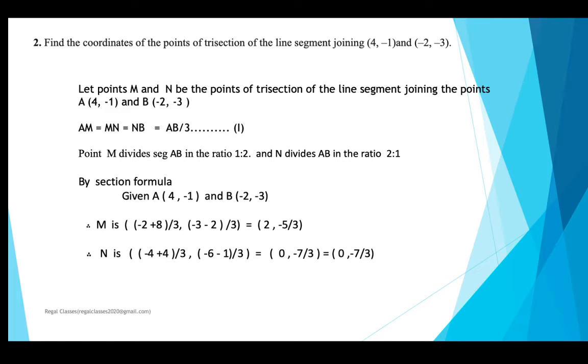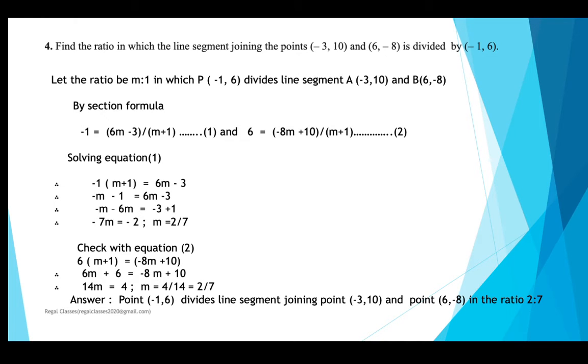Apply the section formula. Simple. 1 is to 2 for M and 2 is to 1 for N. M is 2, minus 5 by 3 and N is 0, minus 7 by 3. You should have patience and slowly apply so that you don't make any mistake.